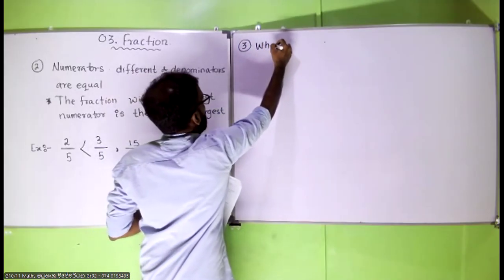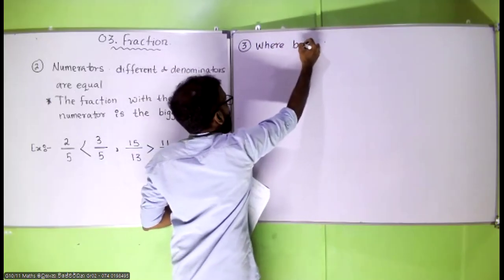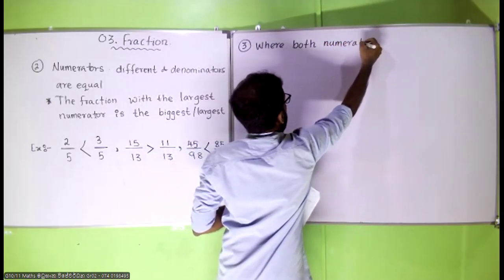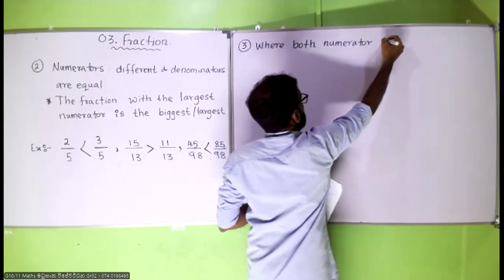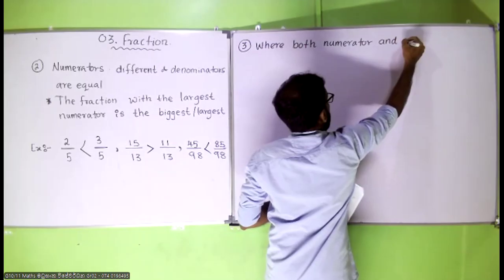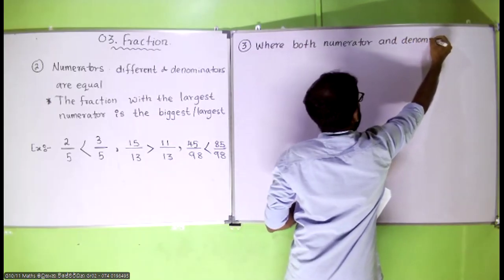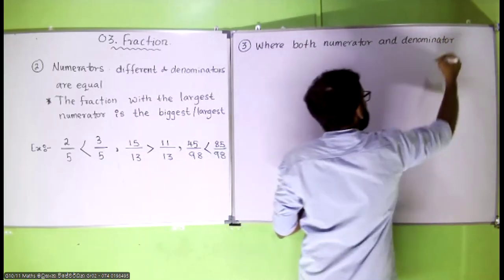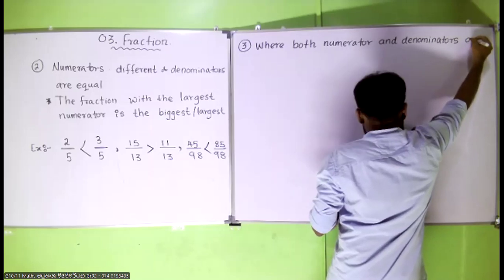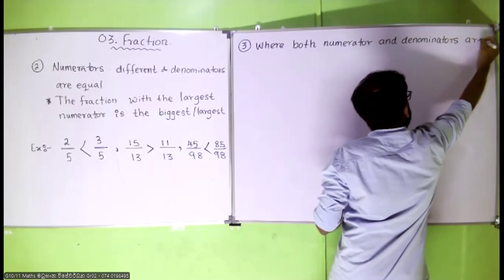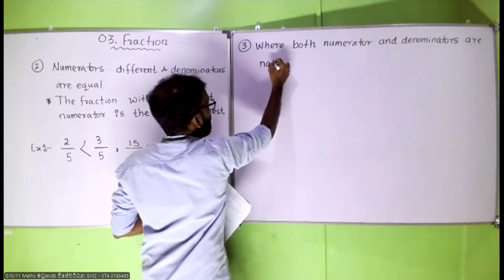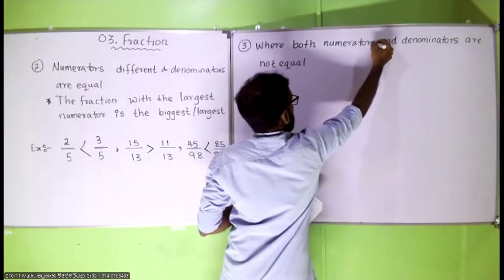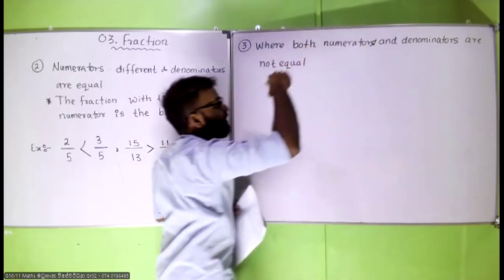Where both numerators and denominators are not equal.